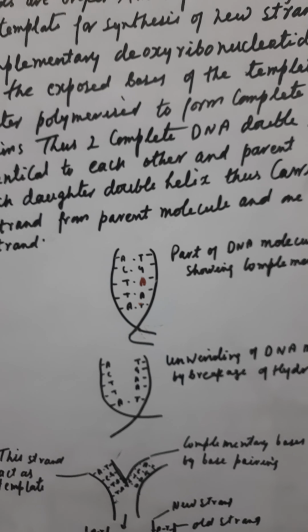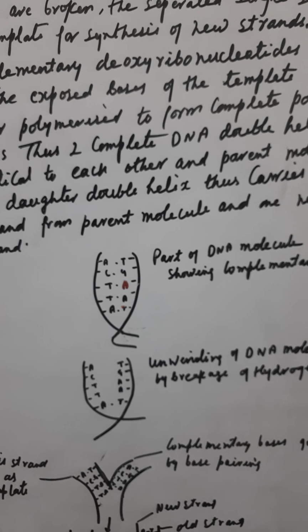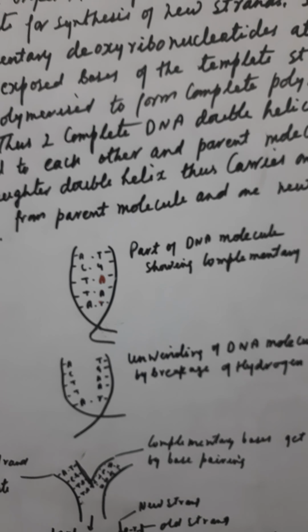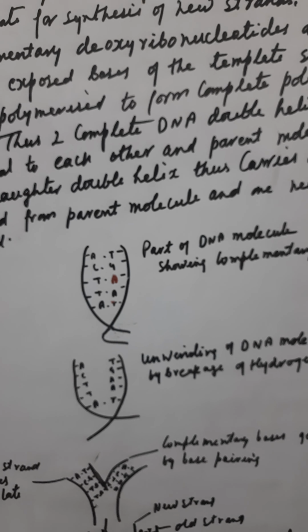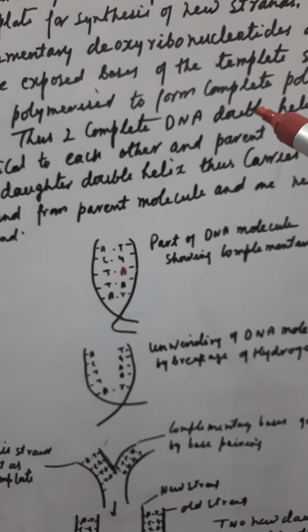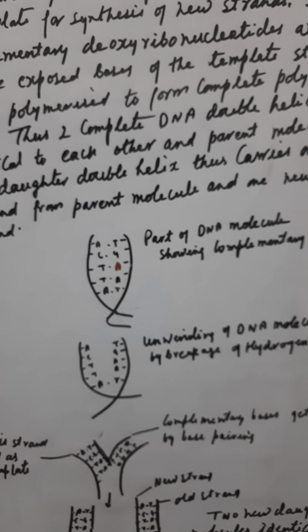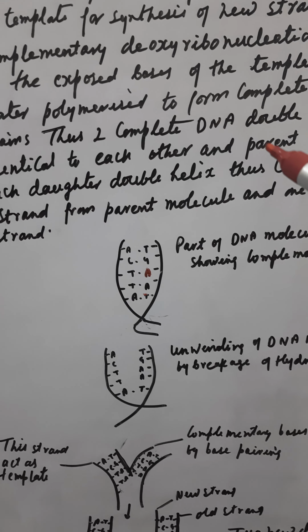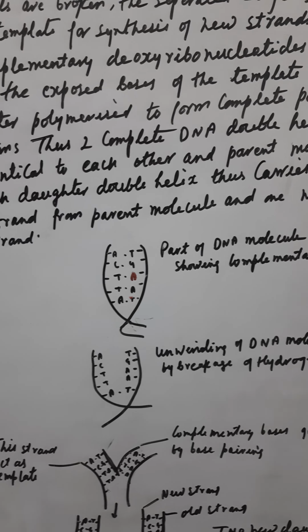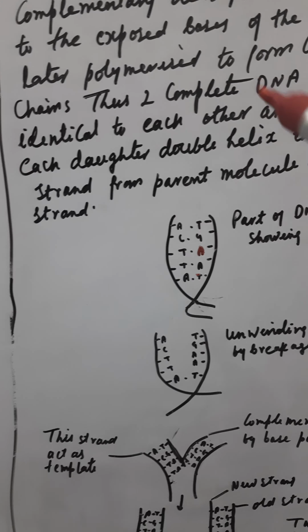Subsequently, the complementary deoxyribonucleotides attach themselves to the exposed bases of the template strand, and they will later be polymerized to form a complete polynucleotide chain.